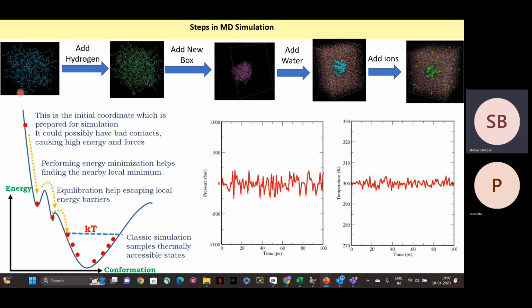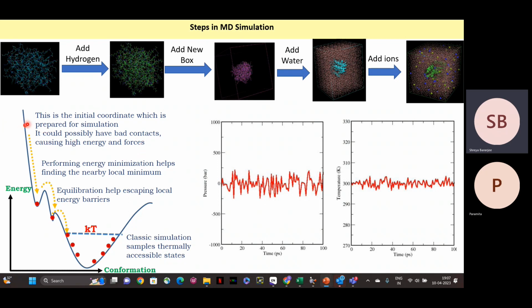So the principle of energy minimization is that you have the initial coordinate, which is prepared for simulation. This has high energy because, as I said, the initial model is not a very accurate model. It can have many interactions which are not favorable or steric repulsions.